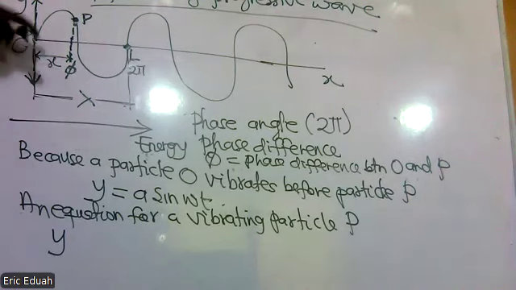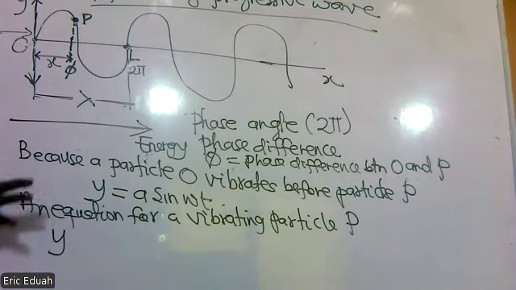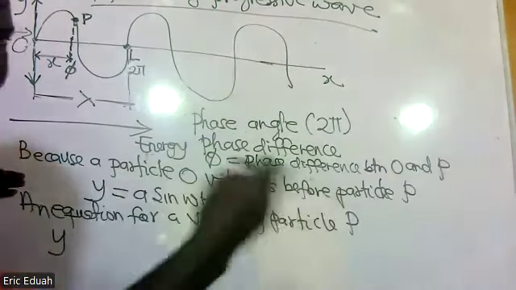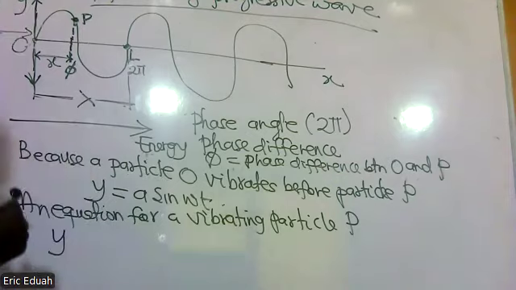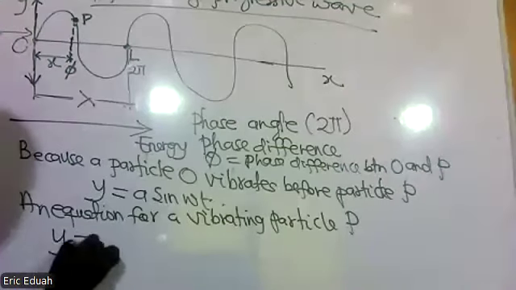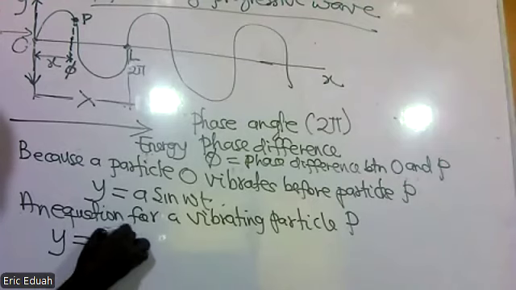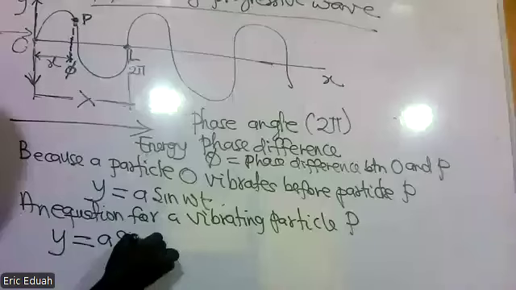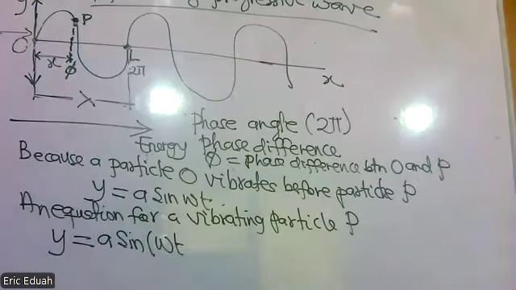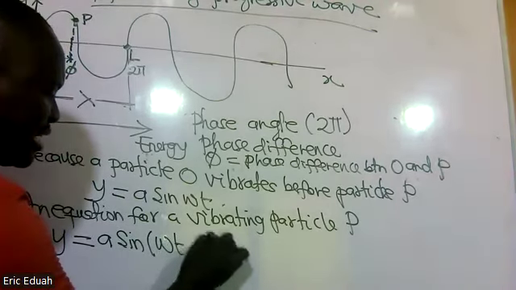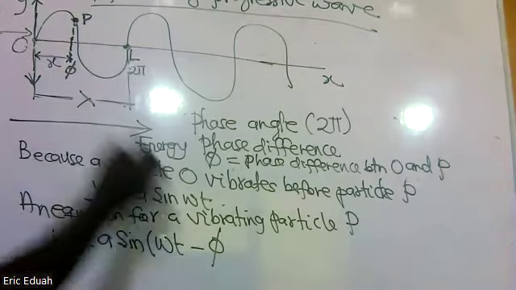We subtract the phase difference of particle P from O because O vibrates first before P, since the wave energy is moving from left to right. So the equation for particle P becomes A sine omega t, which is the phase angle at the origin, minus the phase angle of the particle P, phi.